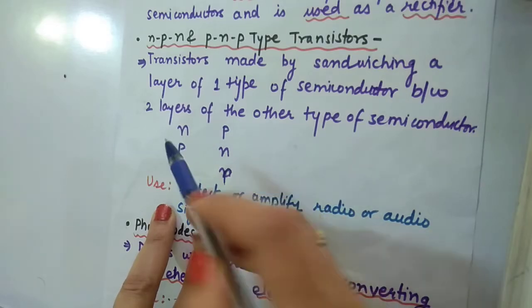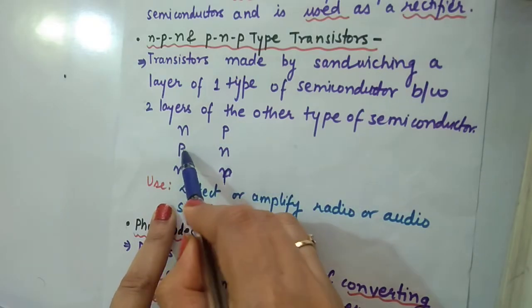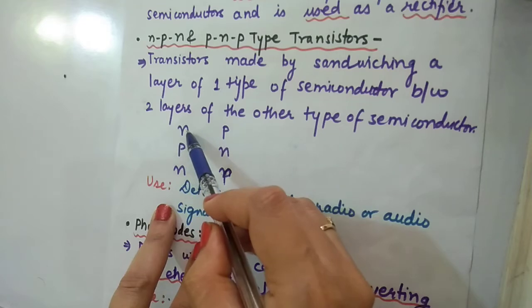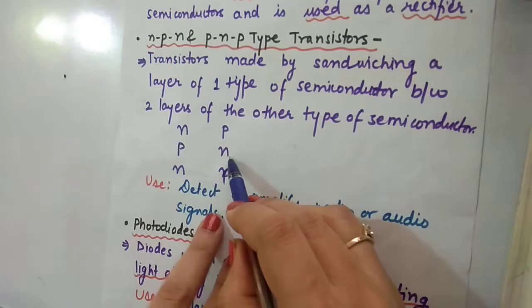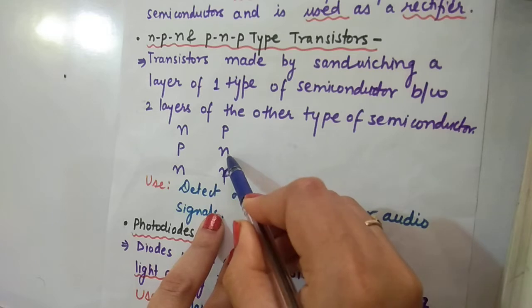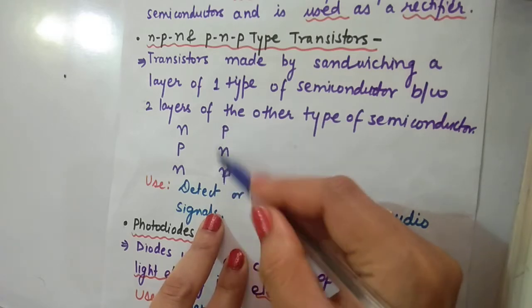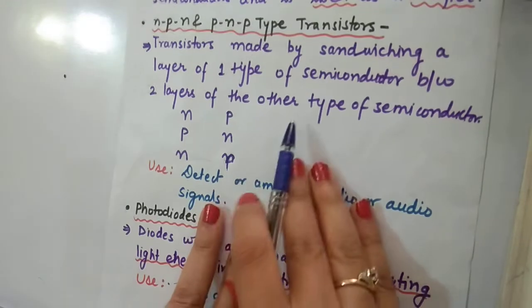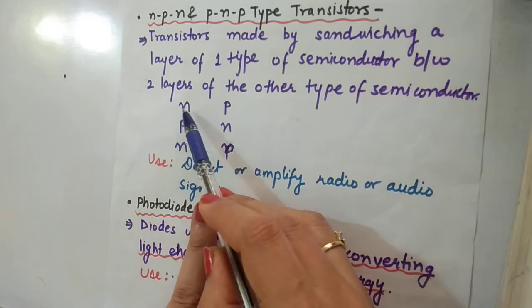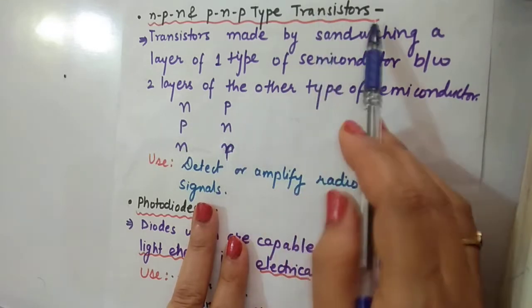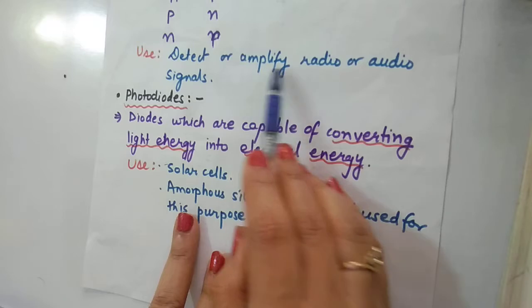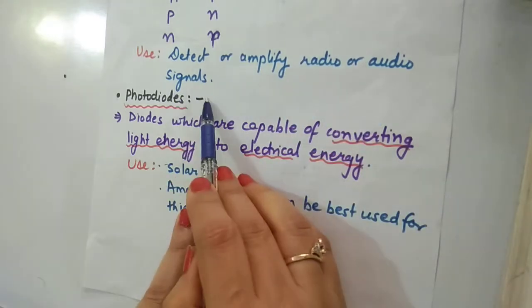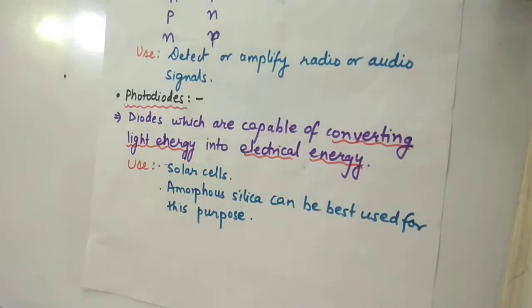Here a layer of P-type semiconductor is sandwiched between two layers of N-type semiconductor, and here N-type semiconductor is sandwiched between two layers of P-type semiconductor. So you get NPN and PNP transistors. Where are these transistors used? These are used to detect or amplify radio or audio signals.